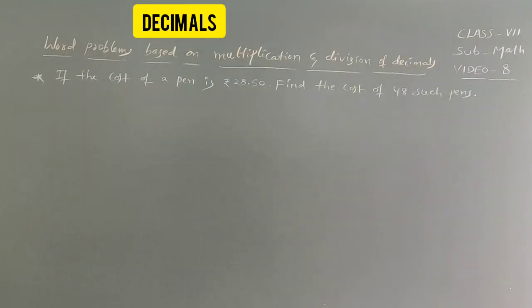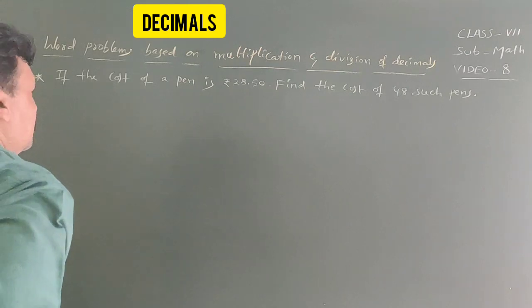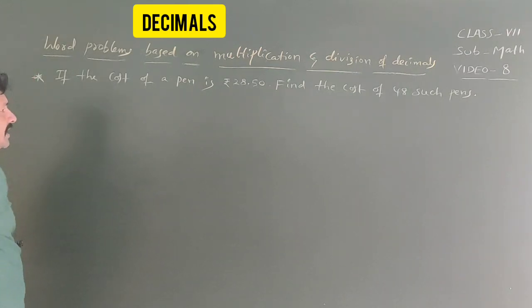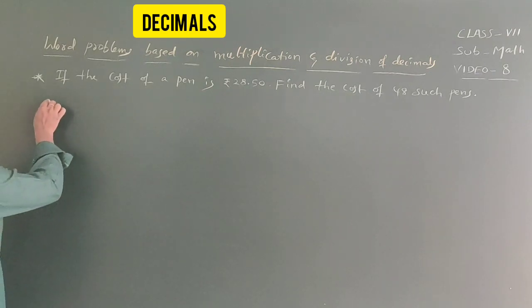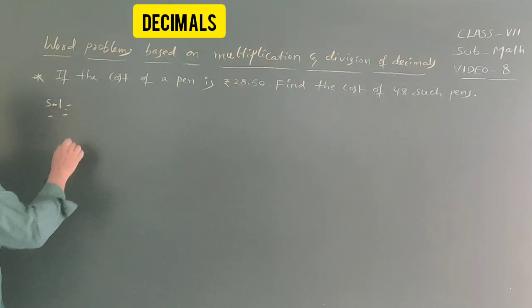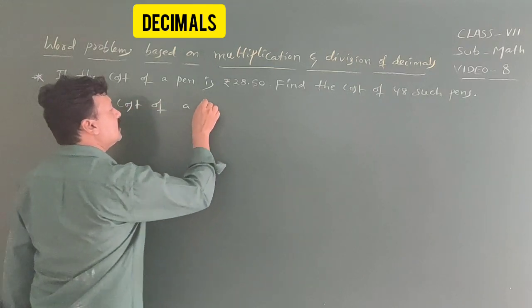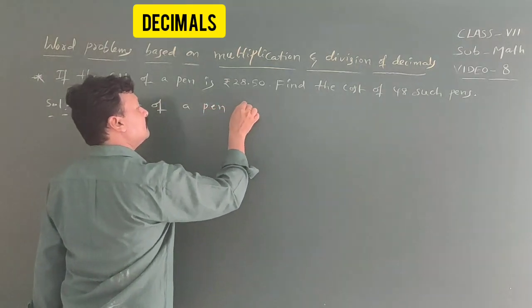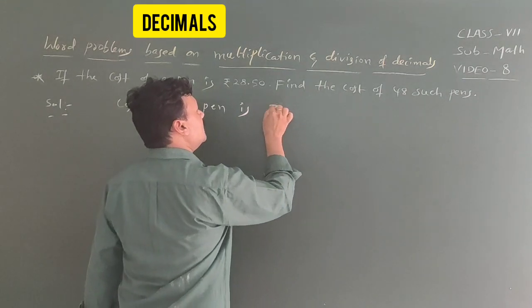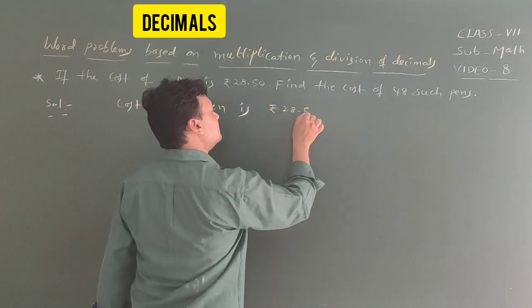First problem. If the cost of a pen is rupees 28.50, find the cost of 48 such pens. Cost of a pen is 28.5.